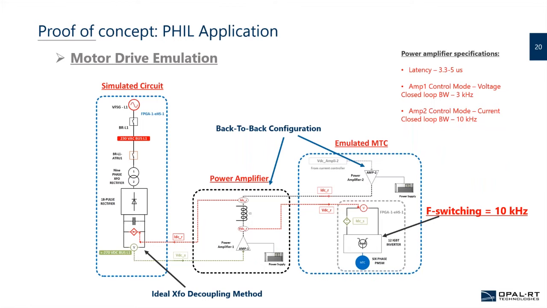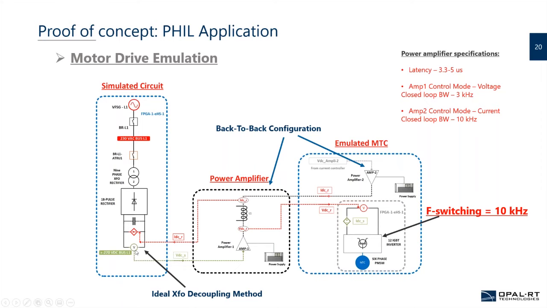As can be seen here, we have the drive, the feeder of the Boeing here, that is simulated under the FPGA. And here, just at the output of the rectifier, we are applying an ideal transformer decoupling method.